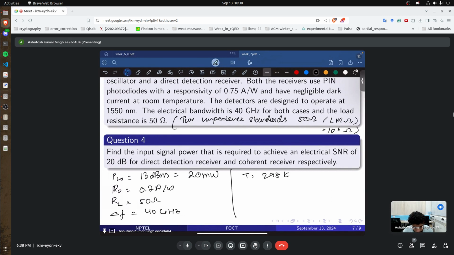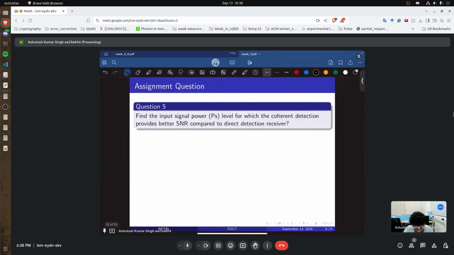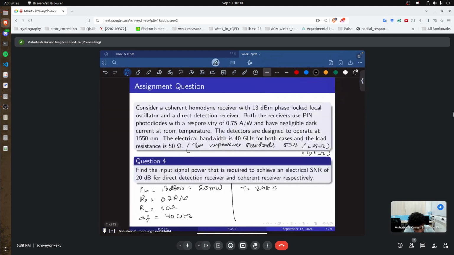I don't think we need anything else. Now the question is, we want 20 dB SNR for the direct detection receiver and coherent receiver. So let us look at that.